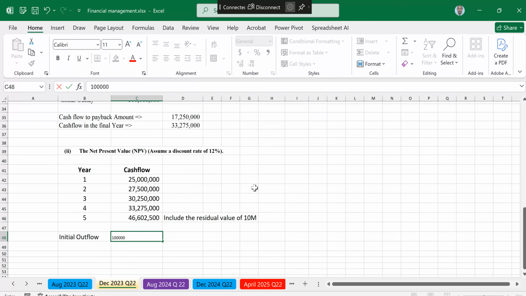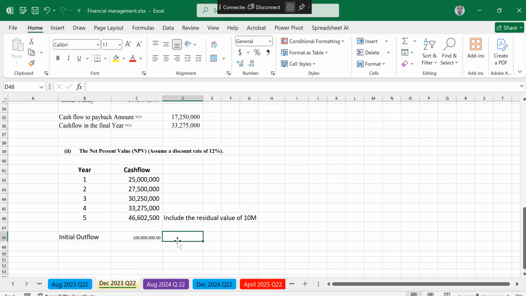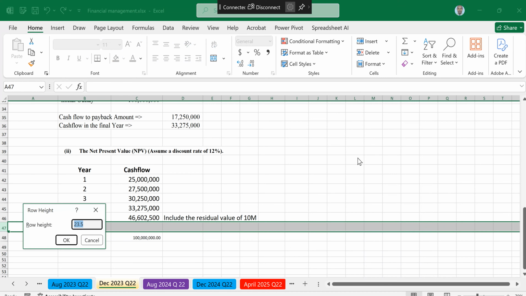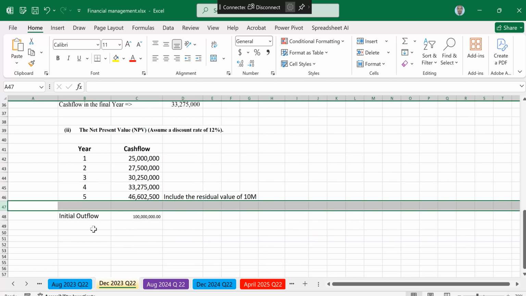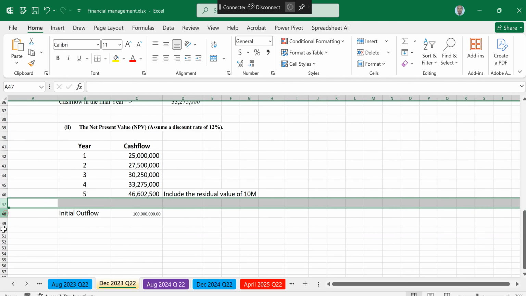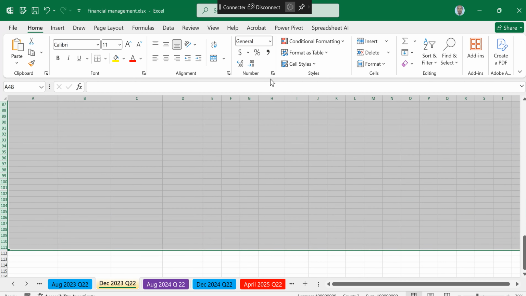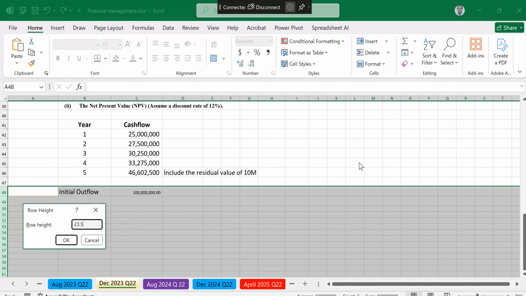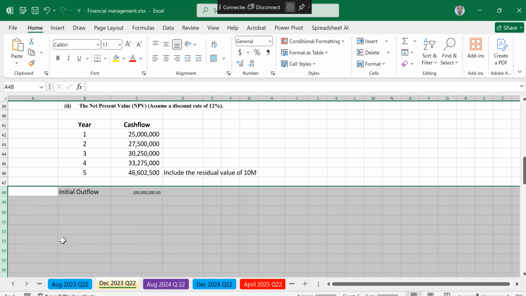This thing is not properly edited, it looks funny with these other cells, so let me adjust the column width. Just do equal sign, then you click on 25 million up there, then you enter, then you drag.